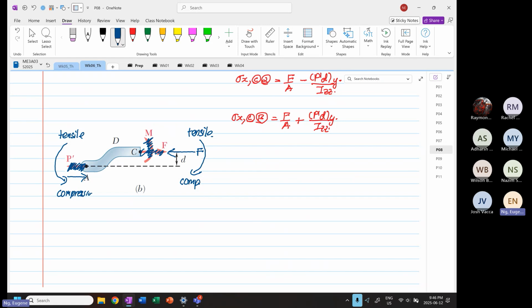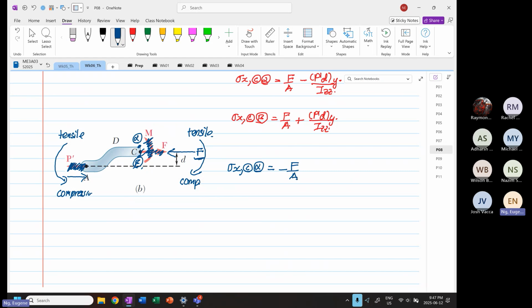Now when you write this out, based on this situation, I'm going to call this point alpha and this point beta. So stress X at point C at point alpha: the F now is pushing in, so it's under compression. Can you see that? It changed already.